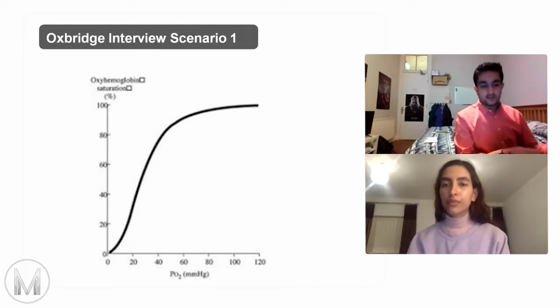So I guess this is more helpful in respiring tissues, because when there's high carbon dioxide in respiring tissues, more oxygen is dissociated, and so that provides more oxygen for further respiration. So here the candidate runs into a little bit more trouble.